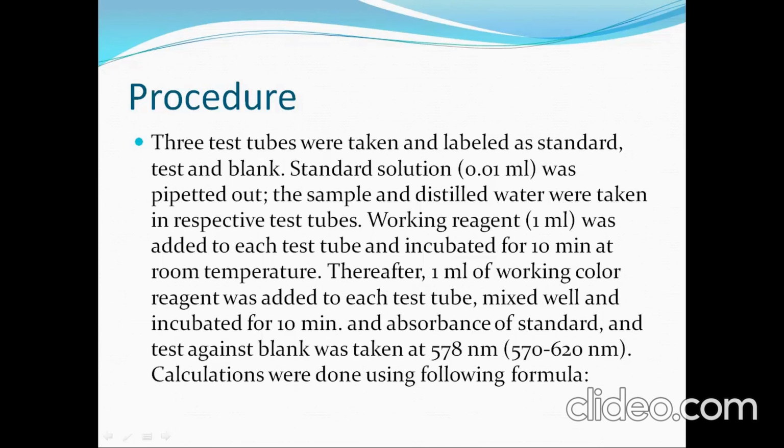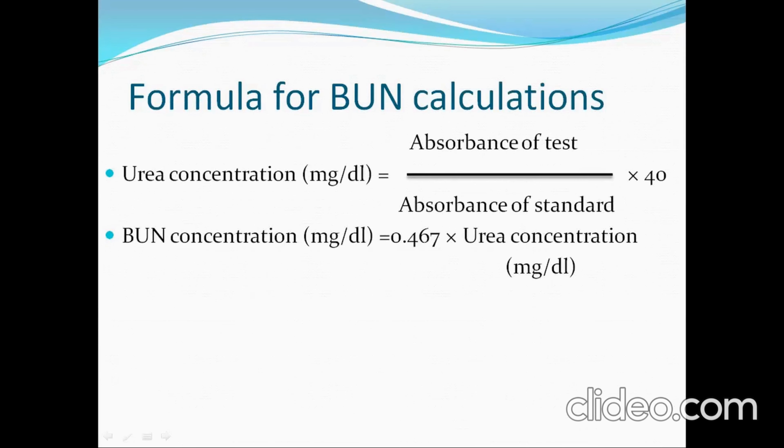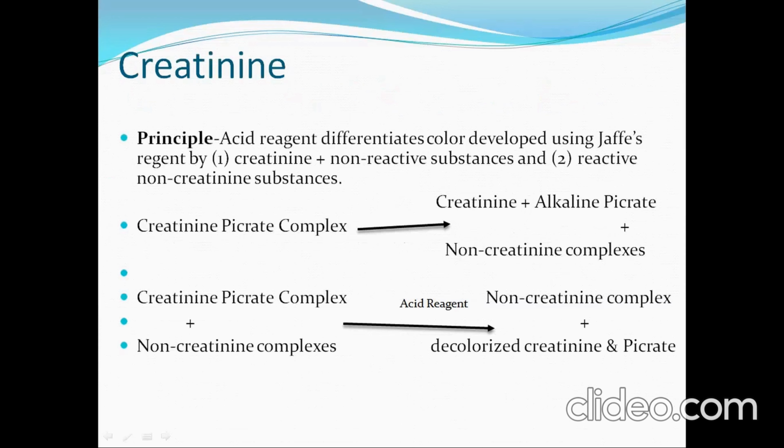And the absorbance of standard and test was taken against the blank at 578 nanometer. The calculations were done by using the formula, that is urea concentration in milligram per dl is equal to absorbance of test divided by absorbance of standard into 40. BUN concentration in milligram per dl is 0.467 into urea concentration in milligram per dl.